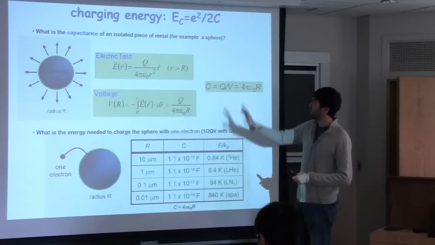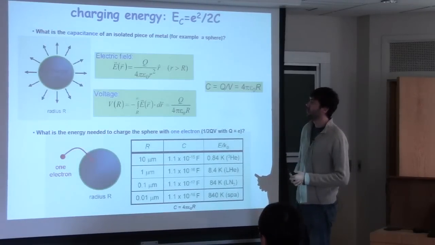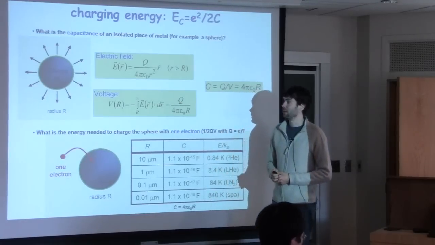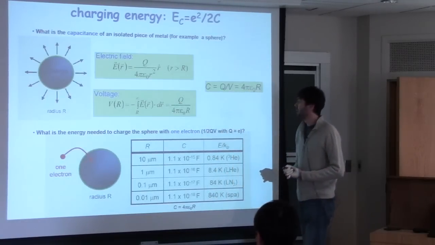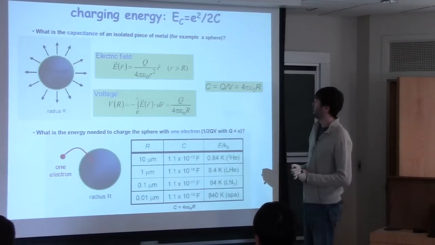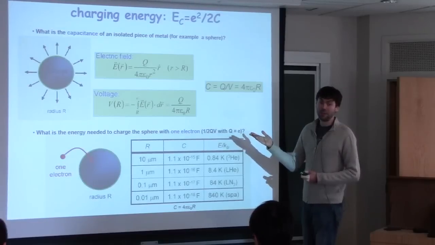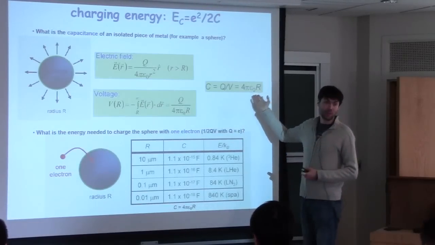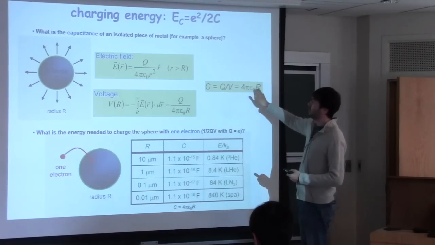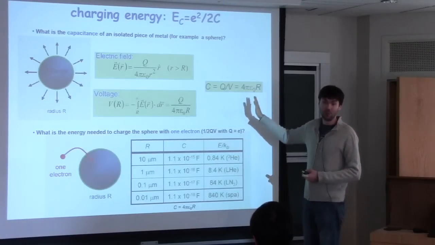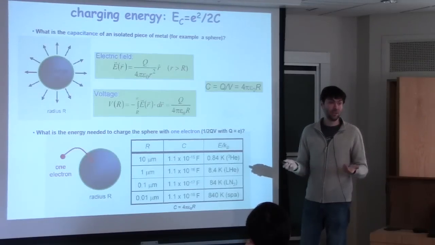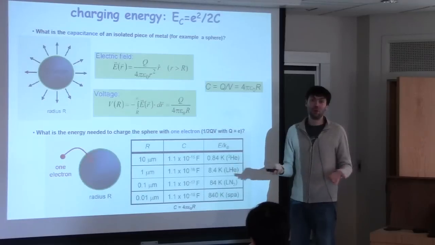But in a very simplistic example, if you just have a sphere and you're wondering what the capacitance of that sphere would be, you probably all remember from basic physics that the capacitance of a sphere is roughly proportional to the size of the sphere. I have to include the dielectric constants, but basically this is a good rule of thumb to estimate the capacitance of a system if you simply know its size.